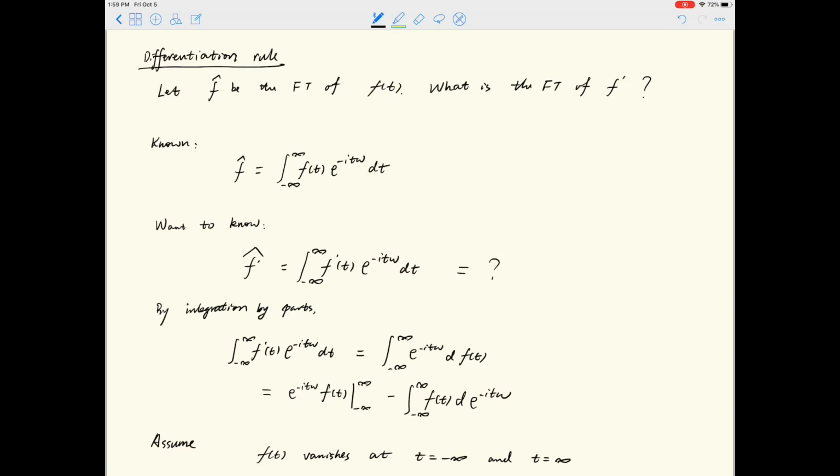That is, f(t) is a function that decays to 0 at infinity. So with such, we can continue the derivation.